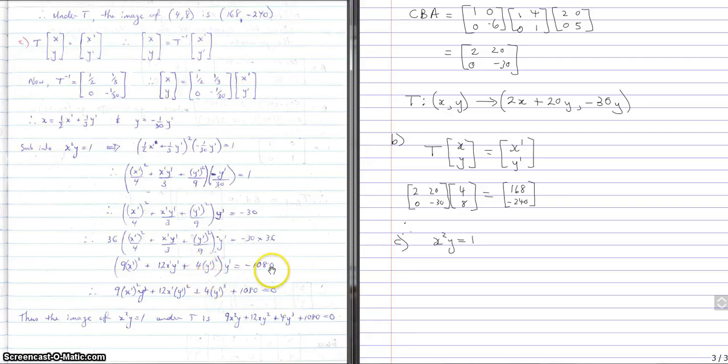And then collecting everything over to the left hand side, we obtain this expression. It's a good thing we don't need to graph it. But nevertheless that is the image under T.